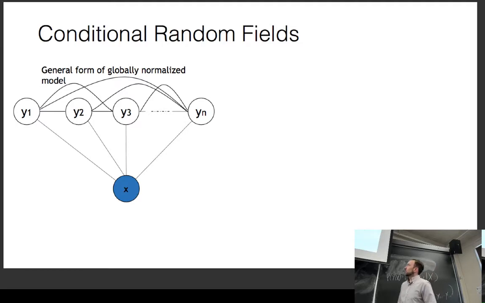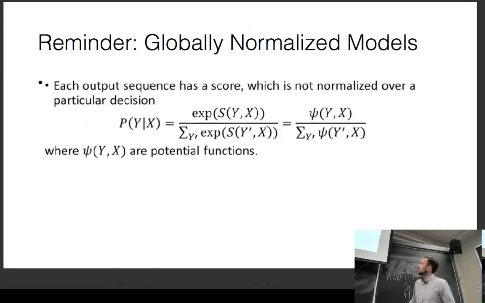So one important thing is the general form of conditional random fields, or globally normalized models, is you can calculate the scores over the entire sequence.